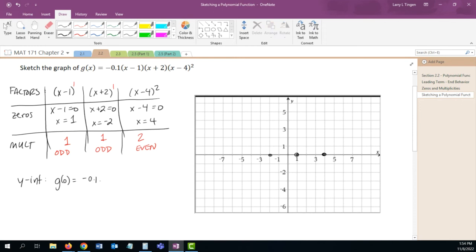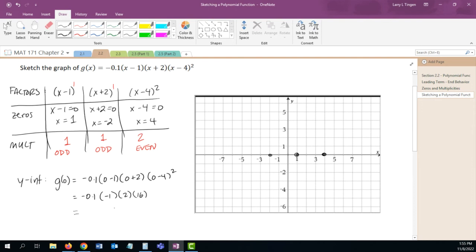That's negative 0.1 times 0 minus 1, times 0 plus 2, times 0 minus 4 squared. Negative 0.1 times negative 1 times 2 times 16. Negative 4 squared is positive 16.